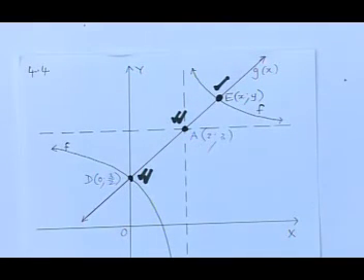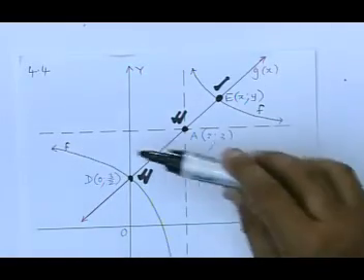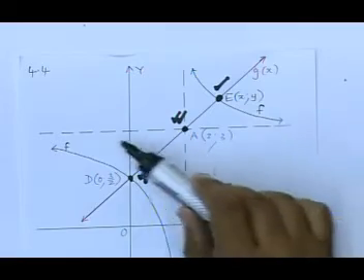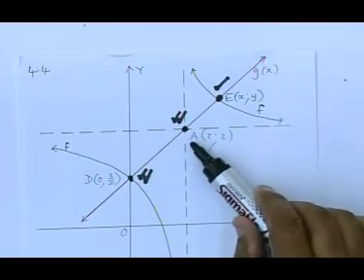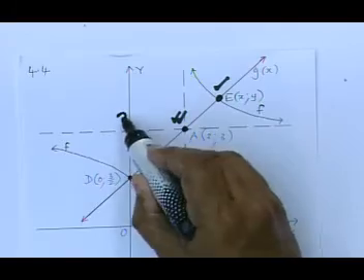Now look at something interesting here. The symmetry, not only because of the axis that we have there, the asymptotes running through x equals 2 and y equals 3.